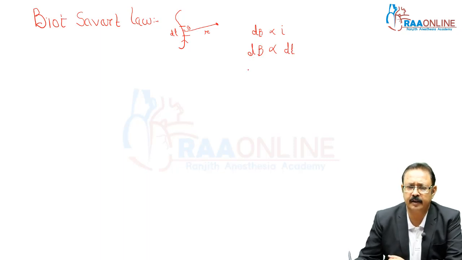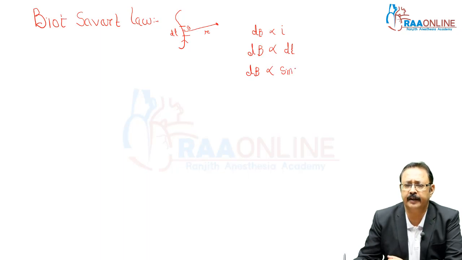Magnetic field was directly proportional to sine of this angle. Means if theta is 90, it was maximum, because sine theta is maximum at theta equals 90 degree, and it depends on distance of the point from the wire.